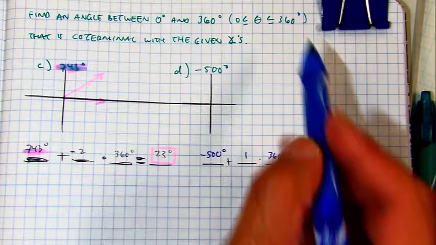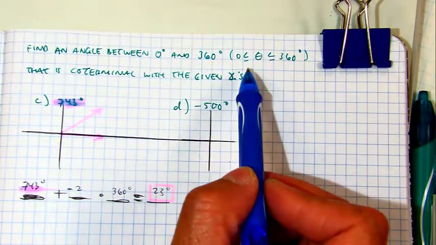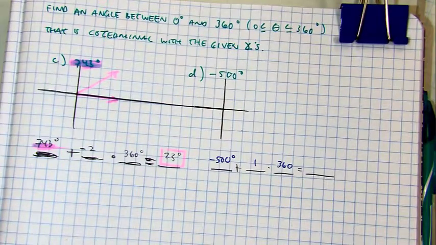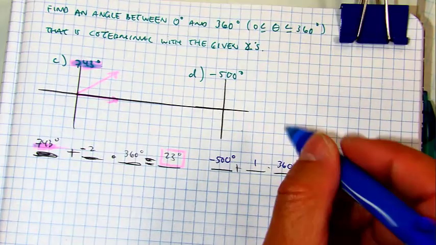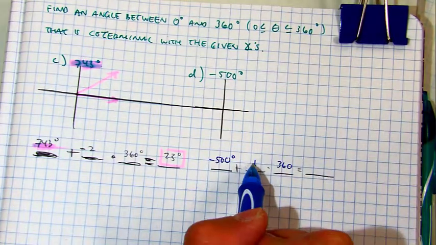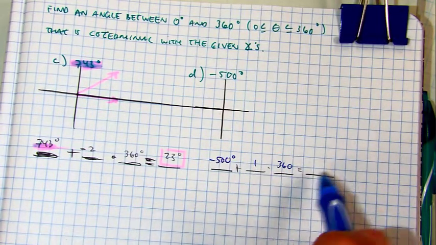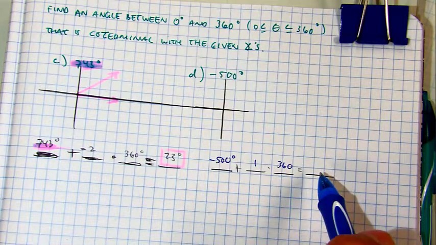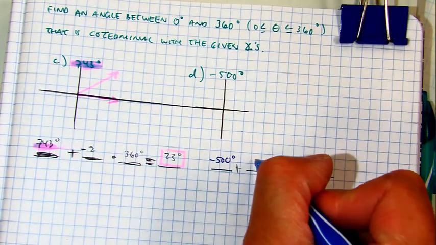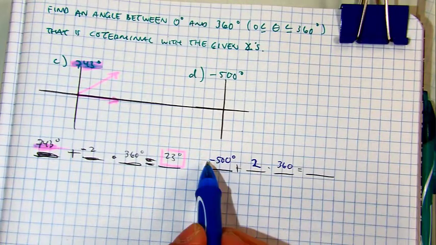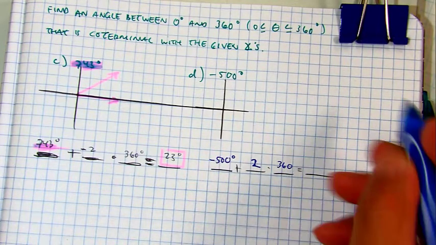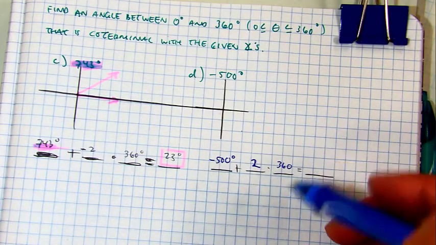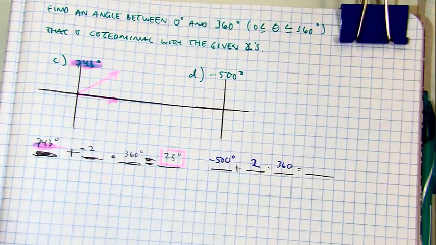Because we're trying to get a positive number. Does that make sense? So how many rotations do you think we're going to need? If we did negative 1, that's a negative minus a negative, we still have a negative number. Let's do 2 rotations. So negative 500 plus 720. Brian, what do you get as your answer?